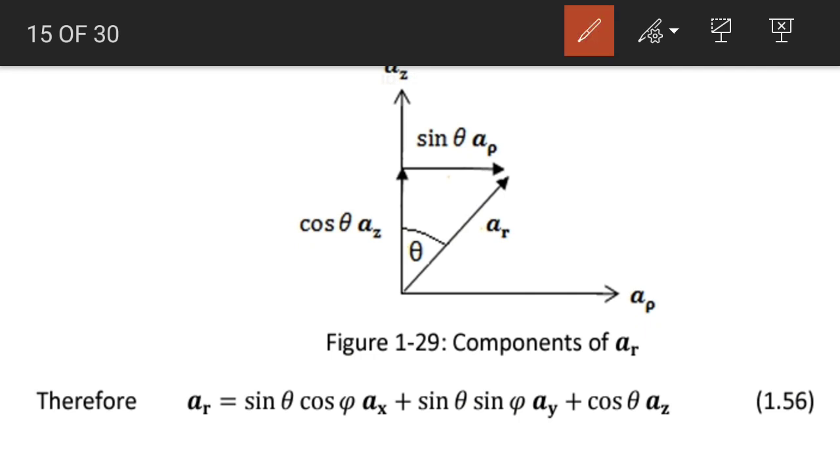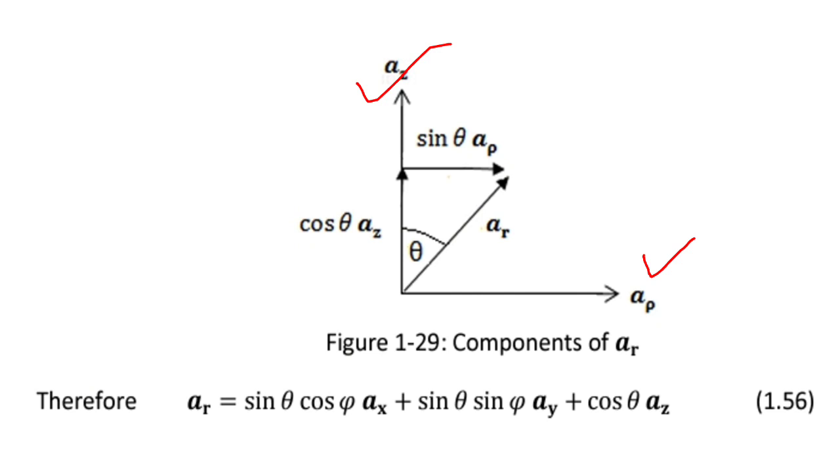We consider two unit vectors of the cylindrical coordinate system. The unit vector a rho, and the unit vector az, which is another unit vector of the cylindrical coordinate system.